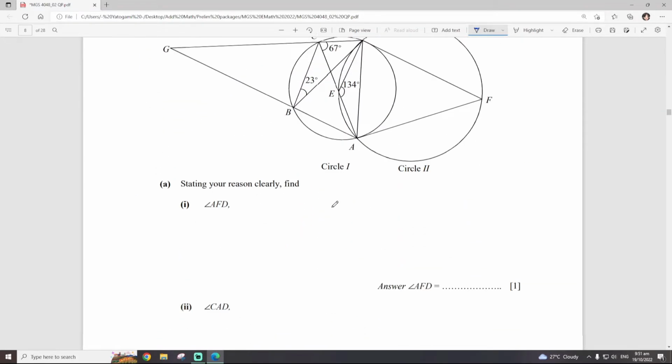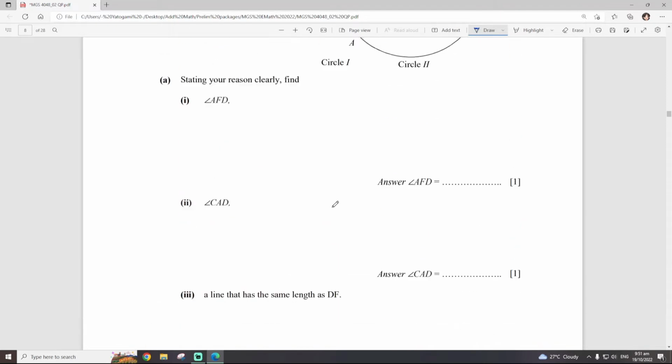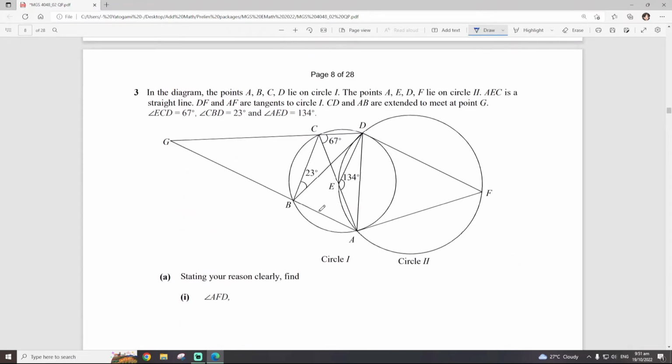Properties of circles. Okay. Angle AFD. Okay, let's see the diagram. 67 degrees, and this is 134 degrees.